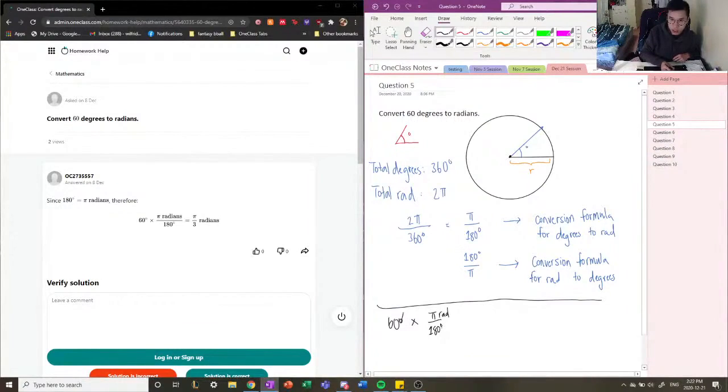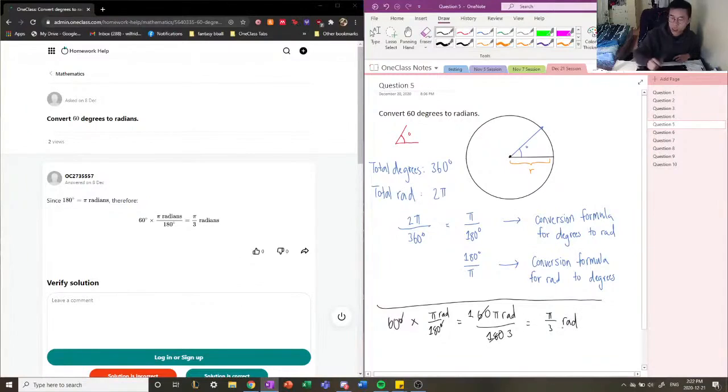Second of all, if we were to go through with this calculation, we will be canceling out our units, right? We'll be canceling out these degrees, and we'll also be simplifying our ratio here, I guess you can say. So 60 divided by 180, that would be 1 over 3, and we get pi over 3 radians.